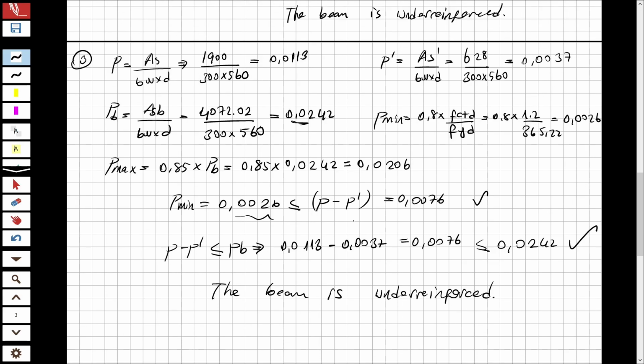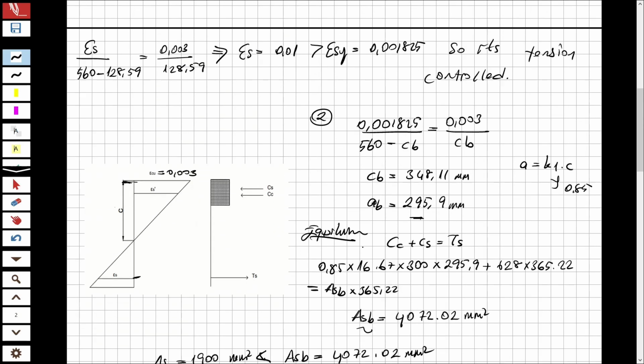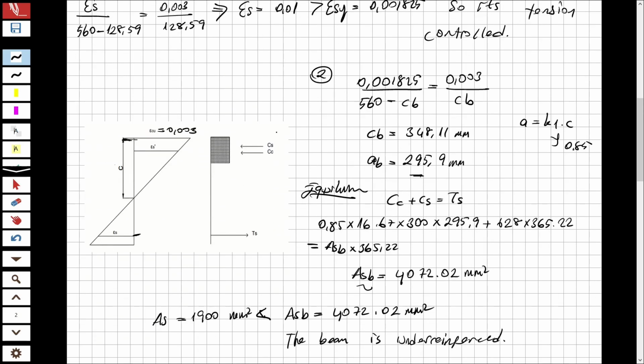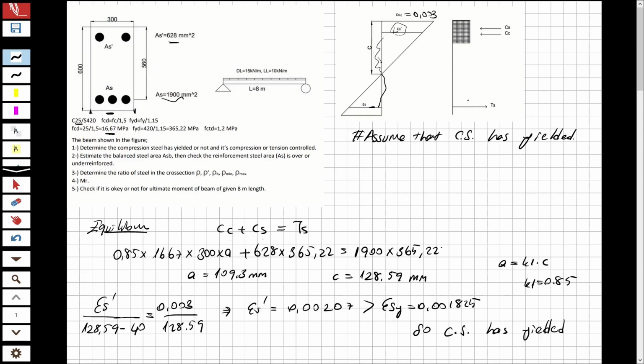So we are going to take the moment with respect to the tension steel point. Look at here, I'm going to show you on the first drawing. The compression steel acts at this point, so we take d minus d prime for the compression steel, right?